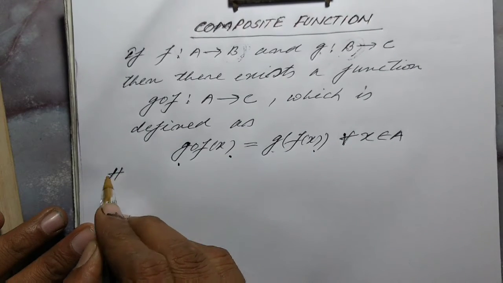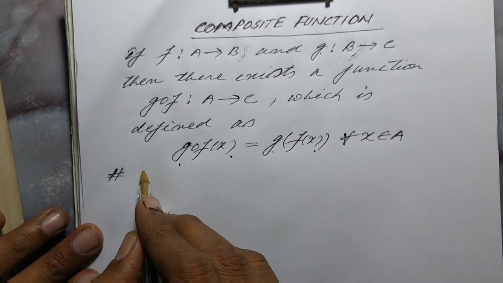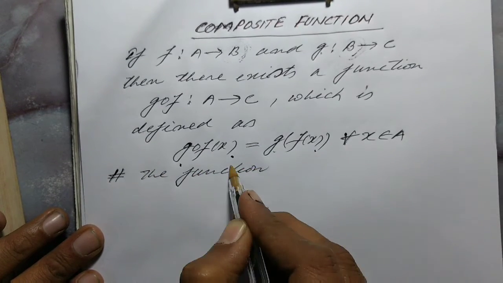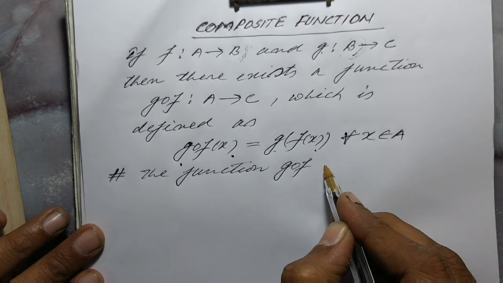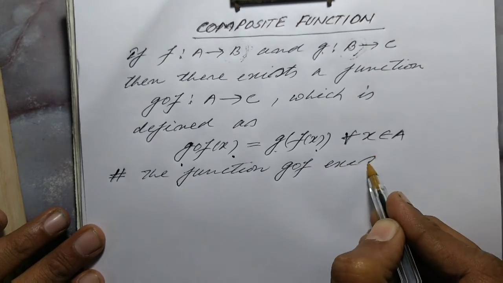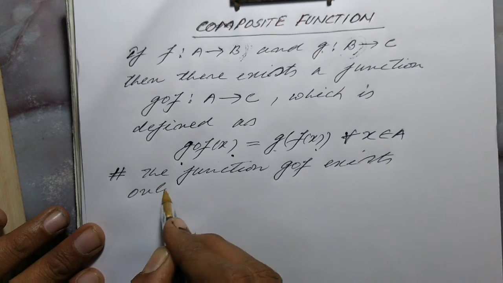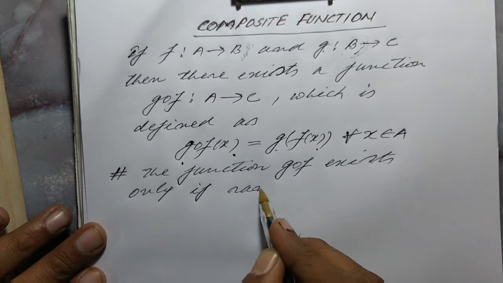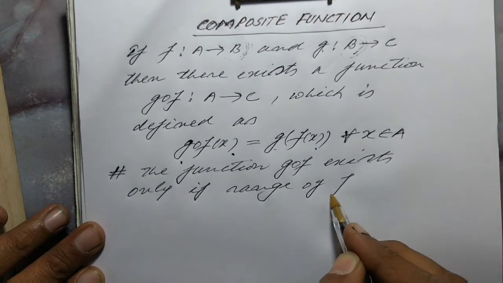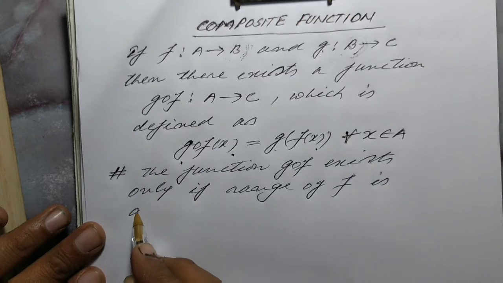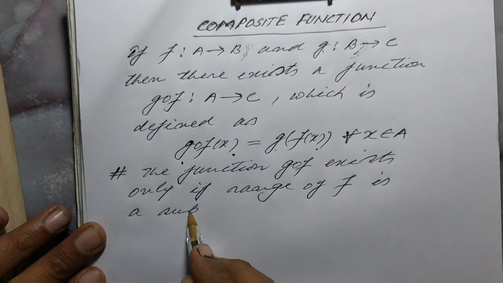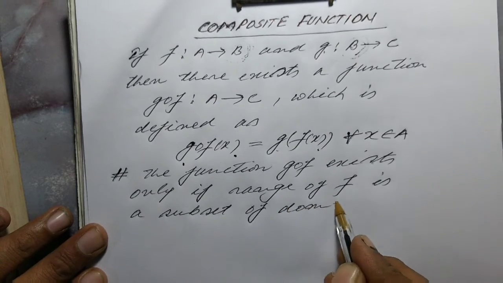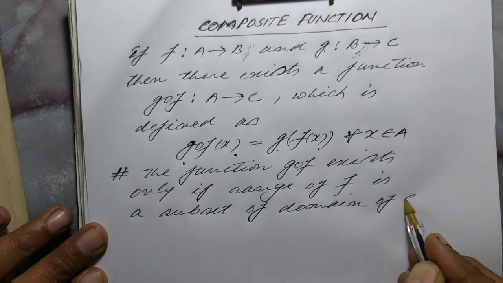So it is to remember that the function gof exists only if the range of f is a subset of the domain of g.